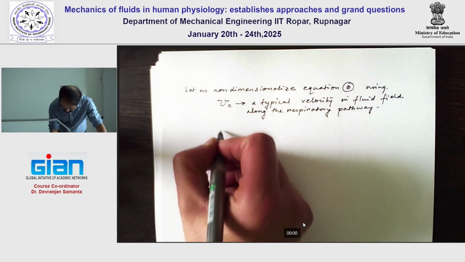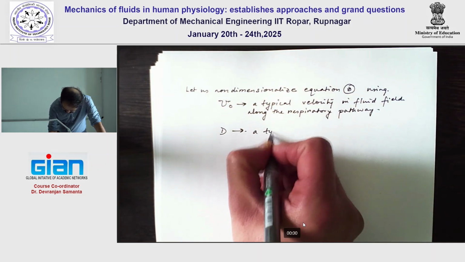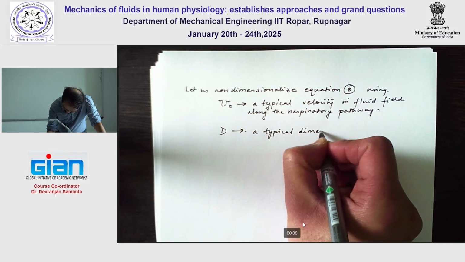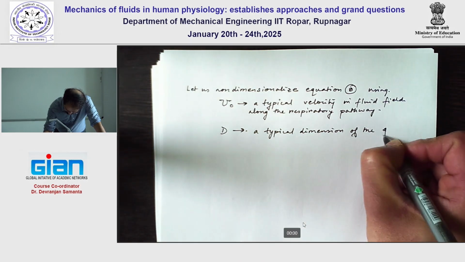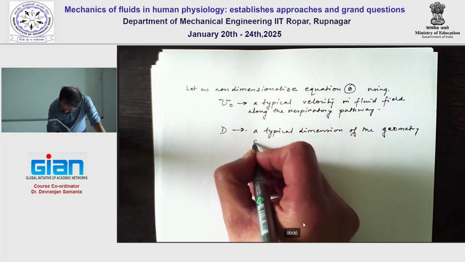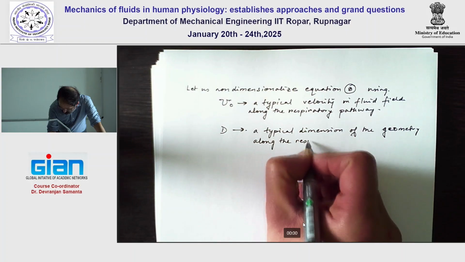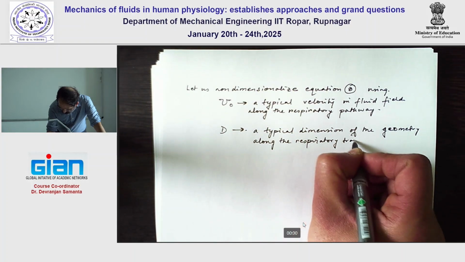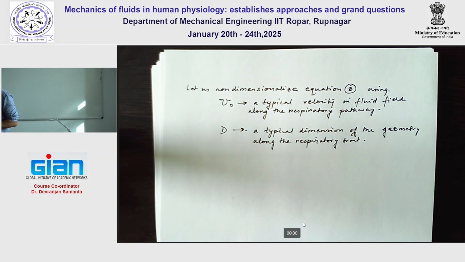We need a d. It is a typical dimension of the geometry along the respiratory tract again. Now, the geometry of the respiratory tract is quite interesting.